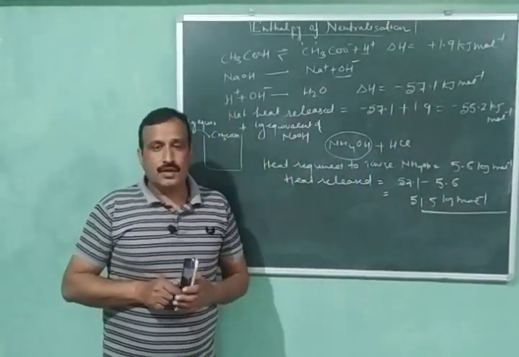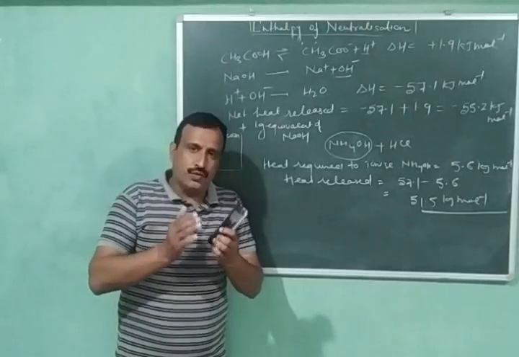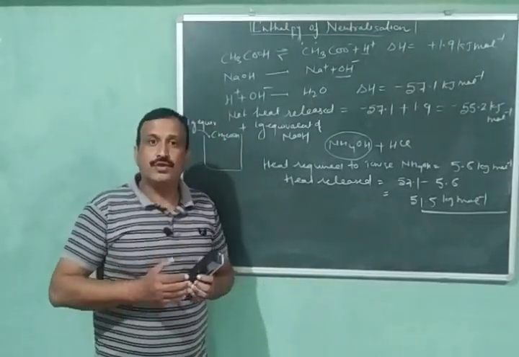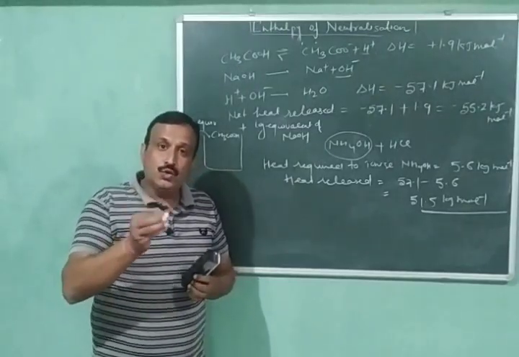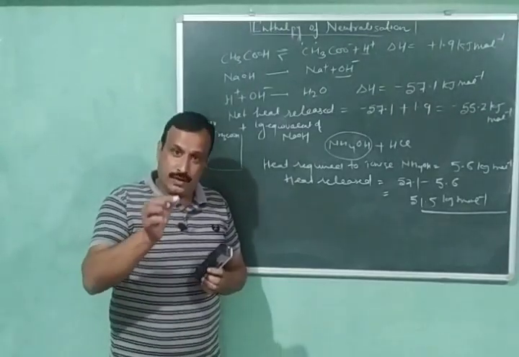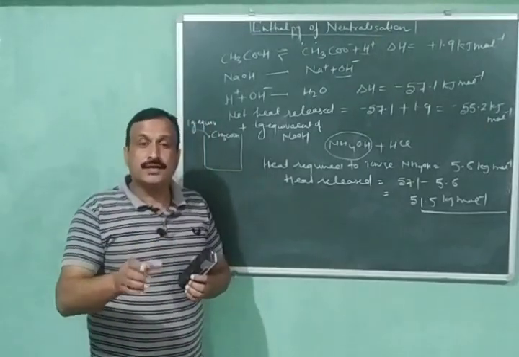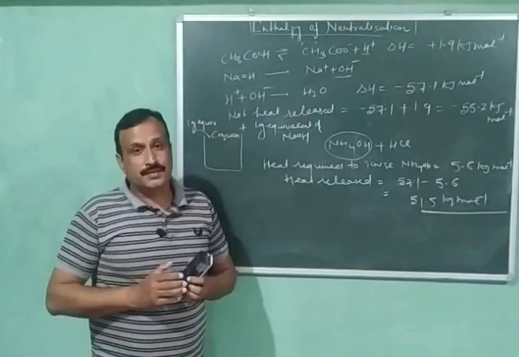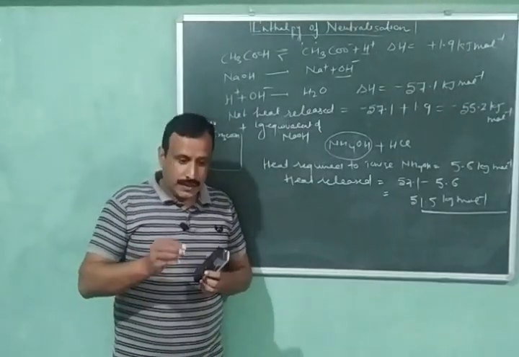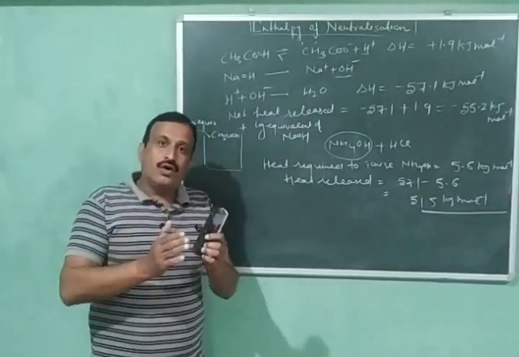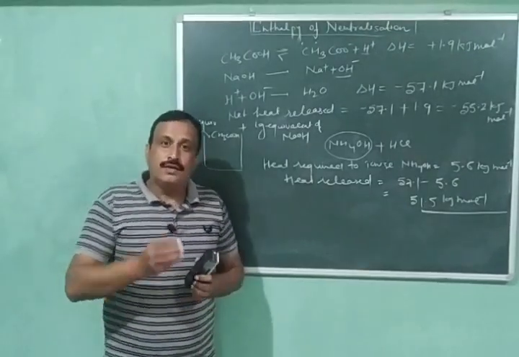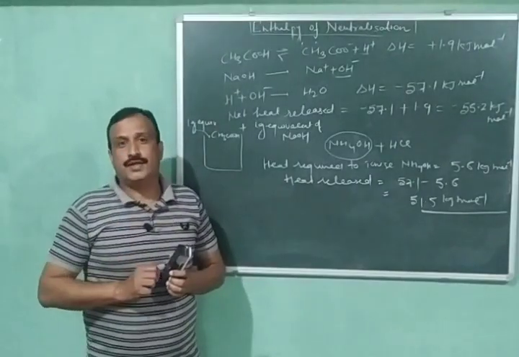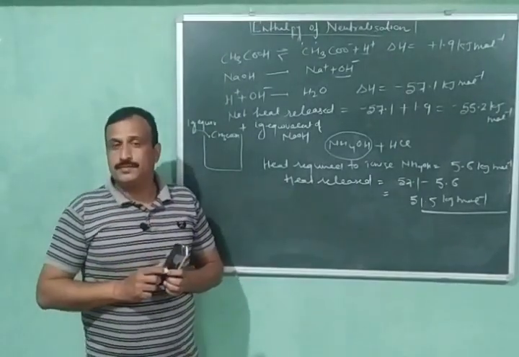Understood? And now I am going to discuss a very interesting and very important concept which I mentioned in the beginning of this video: why we use 1 gram equivalent of an acid and 1 gram equivalent of a base instead of 1 mole of an acid and 1 mole of a base. Friends, I told you that the overall neutralization reaction involves the combination of 1 mole of H positive ion with 1 mole of OH negative ion, giving us 1 mole of water.